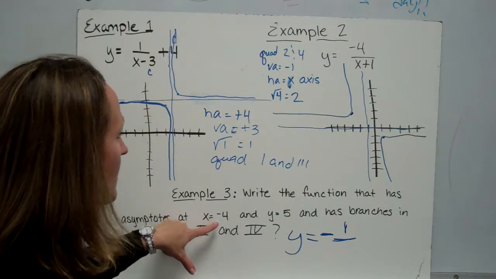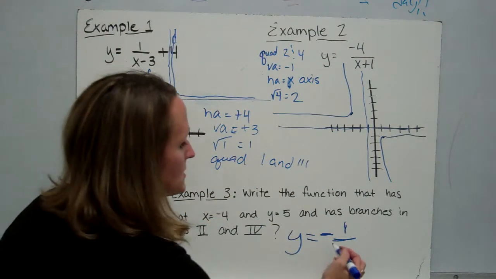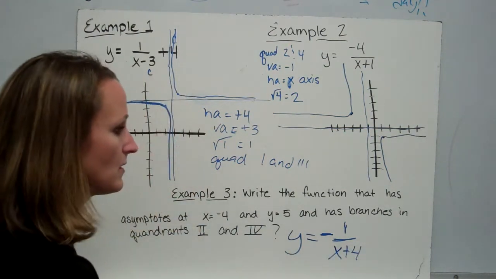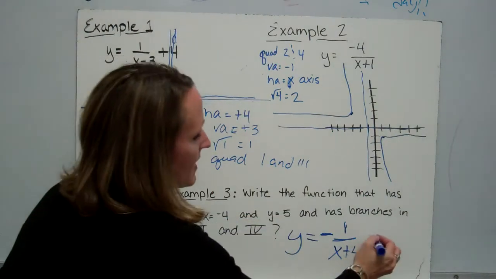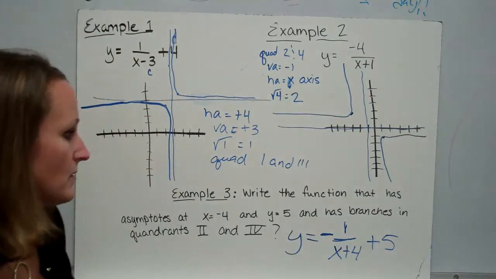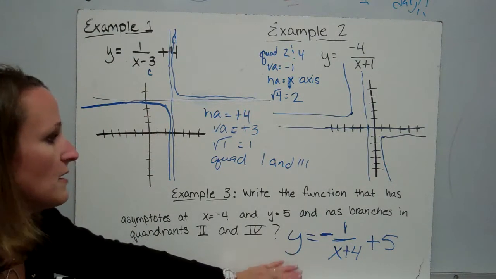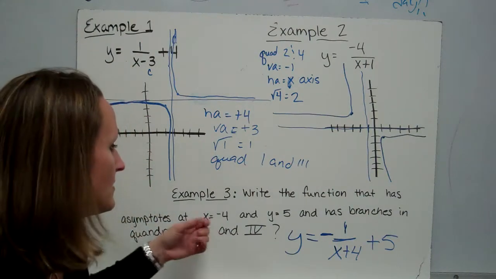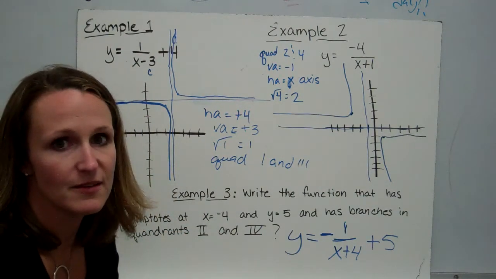Our x value is -4, so we go opposite, x plus 4. And then the y value of +5, so +5. So this would be our equation that represents what this says. And that's how you graph and write functions in inverse variation.